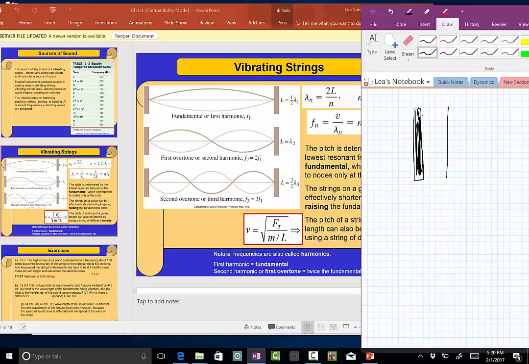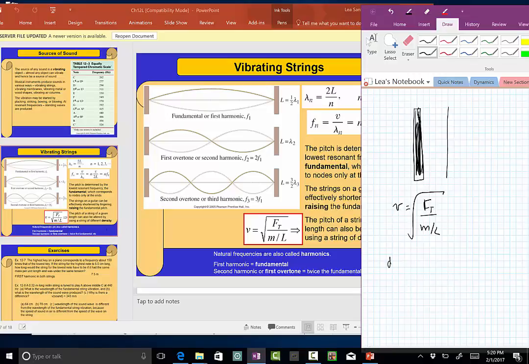Let's look again at the expression for the speed in the string, the speed in the medium. What does it depend on? You can see in the equation that the speed depends on the tension, fine, and depends on the density, the mass divided by L. So, if this density increases, what happens to v? v will decrease.